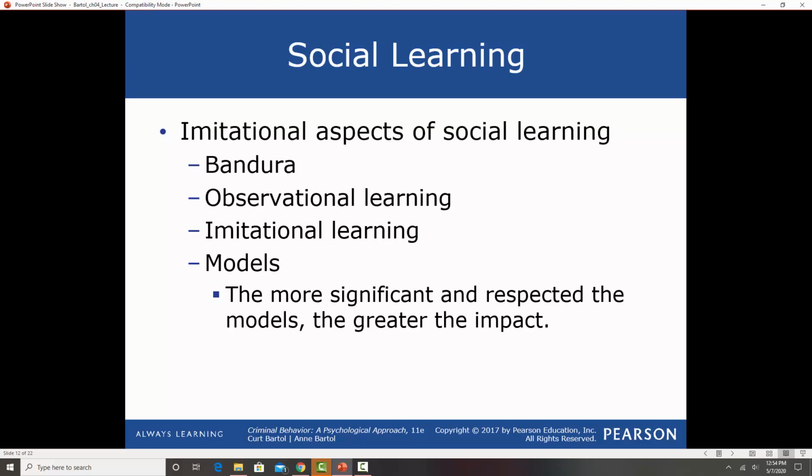All right. With social learning theory, it really is imitation or modeling. Both of those terms can be used when you talk about social learning theory. It's actually very influential on children. Children model and imitate behavior a lot from people around them, their parents, their siblings, their friends.